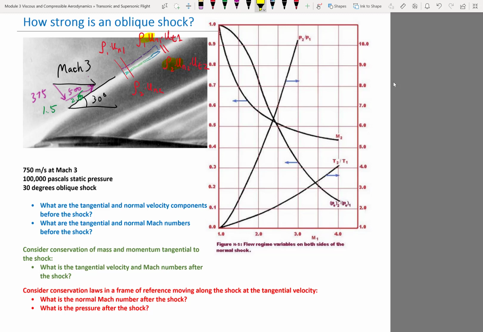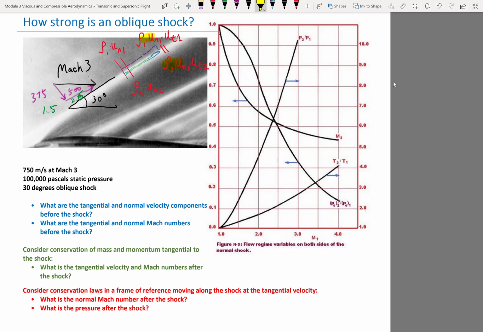Still normal, right? Because ut1 is equal to ut2. I'm moving at the velocity that is the tangential velocity both upstream and downstream of the shock wave. So effectively, just by changing a frame of reference, I have converted an oblique shock into what? A normal shock, right? Now, the flow both upstream and downstream is orthogonal to the shock front. Any questions regarding what I'm doing here?